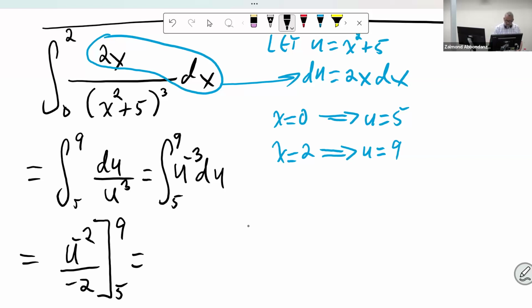I'm going to rewrite this because, again, I don't feel as comfortable with having u to the -2 and deciding what that is. I prefer it to be a positive exponent, so I'm going to write it like this. u to the -2 is the same thing as 1 over u squared. So I'm going to write that as 1 over -2u squared.